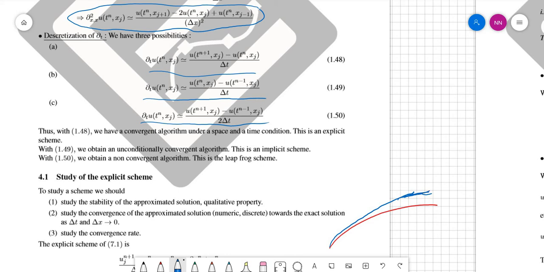Is there a place where the function will diverge to infinity, even though your exact function does not go to infinity? This is the question. If so, then the solution is not stable.